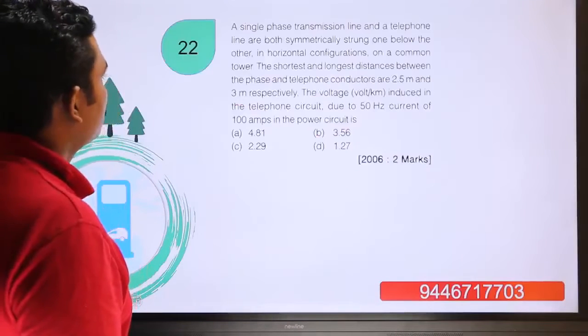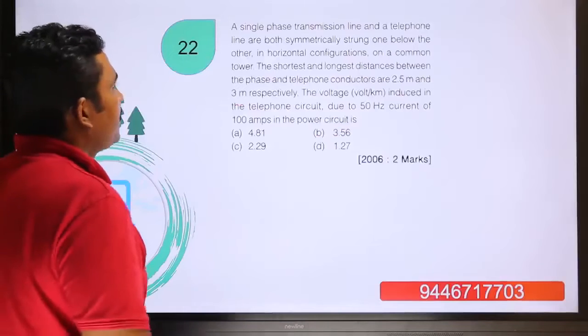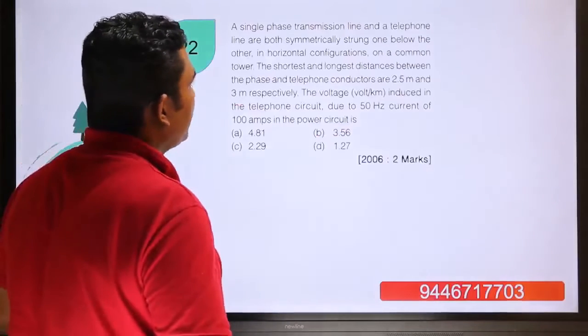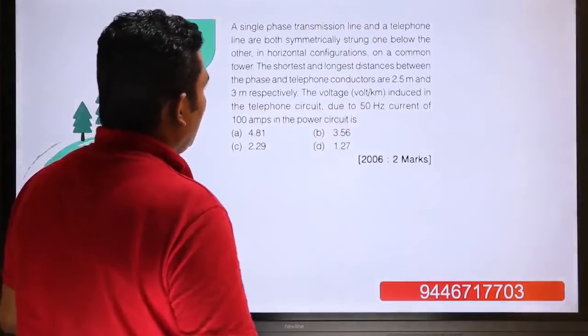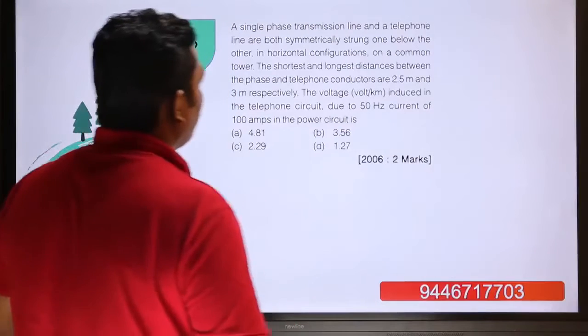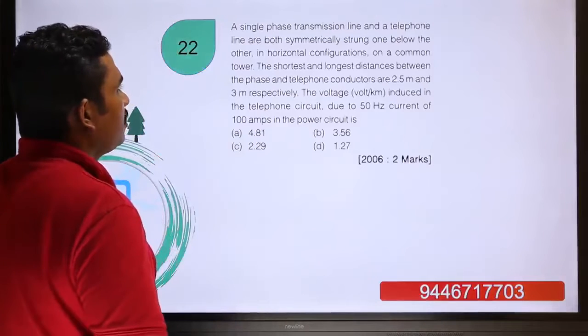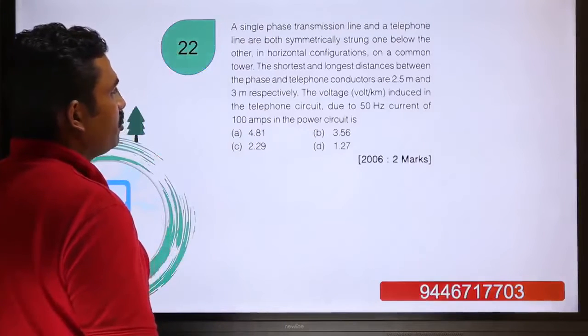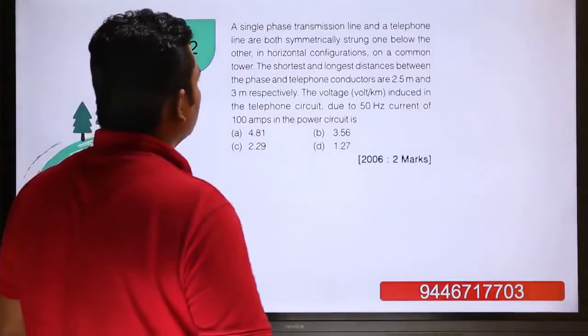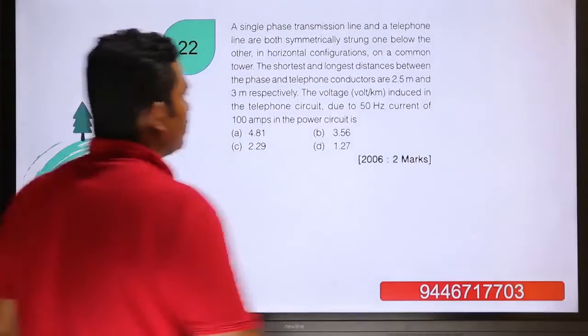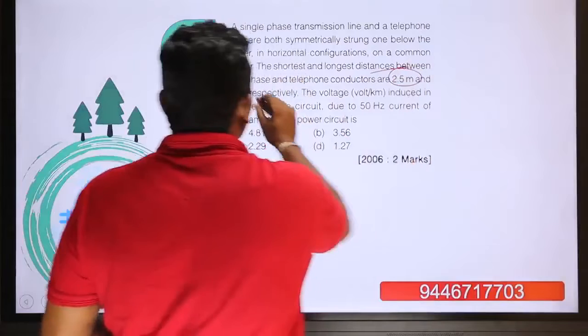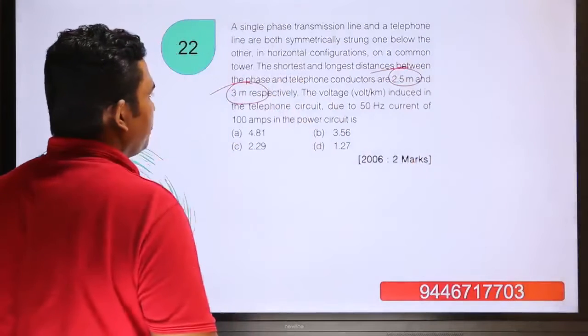Now moving into the next question, question number 22. A single phase transmission line and a telephone line are both symmetrically strung one below the other in horizontal configuration on a common tower. The shortest and the longest distances between the phase and the telephone conductors are 2.5 meters and 3 meters respectively.